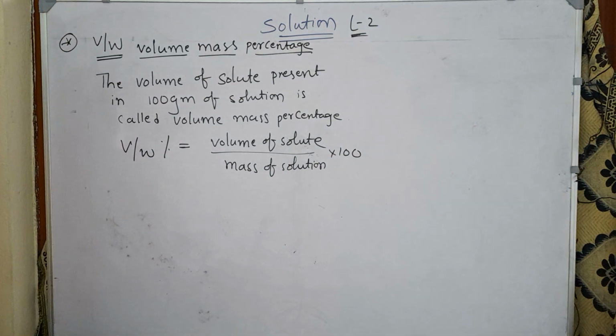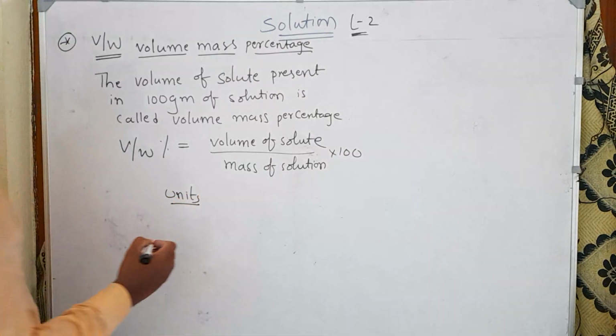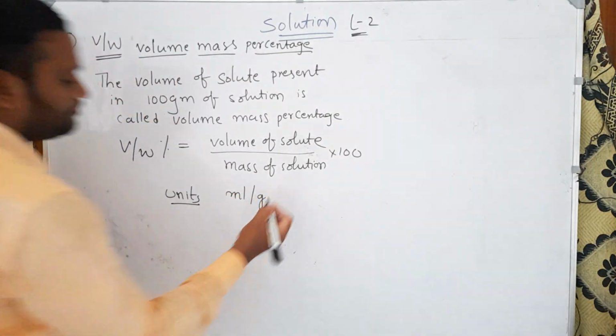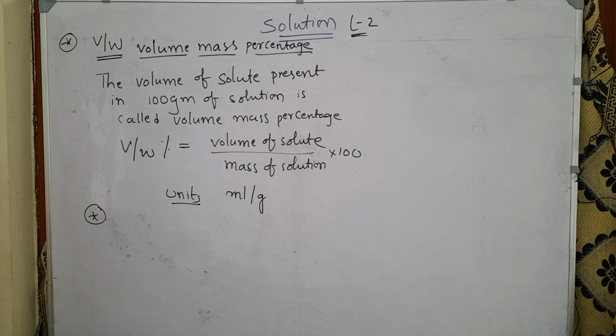The unit for volume mass percentage is ml per gram. Next, let us take one illustration to understand volume mass percentage very clearly.